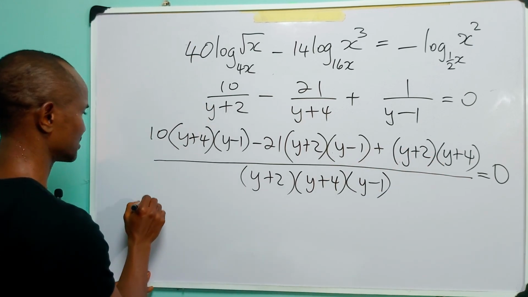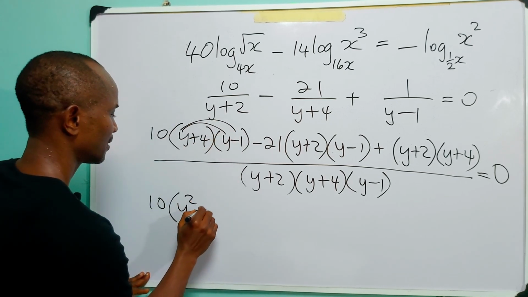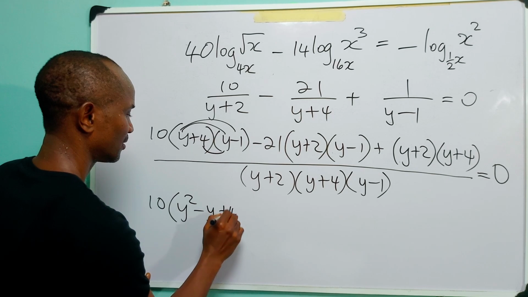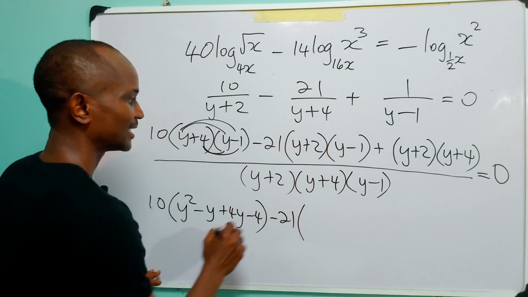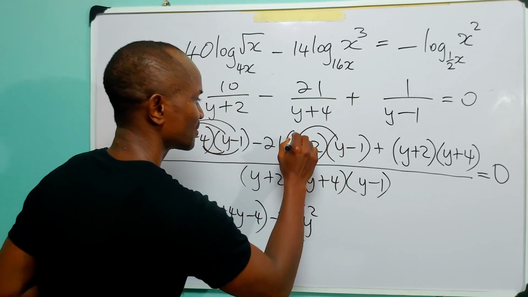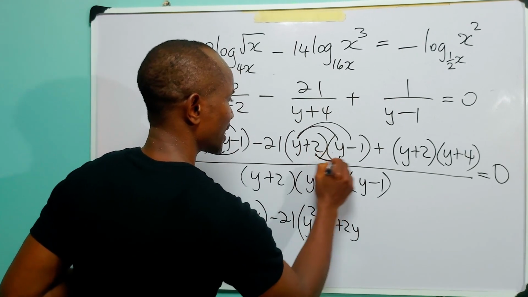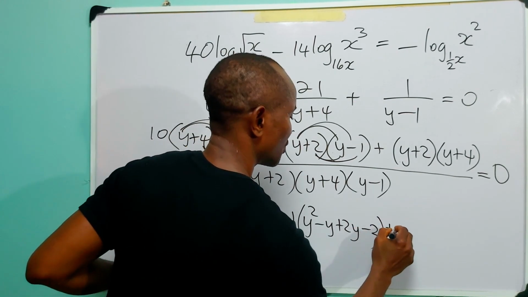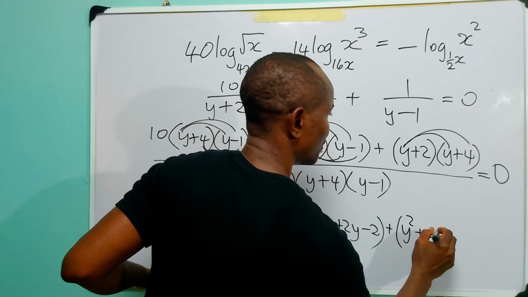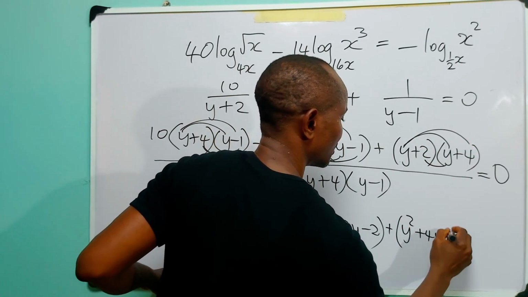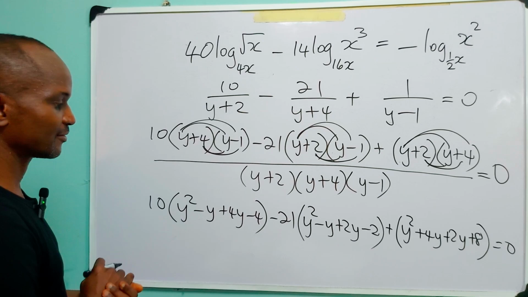Expanding the numerator, what we have is 10 into y squared minus y plus 4y minus 4, minus 21 into y squared minus y plus 2y minus 2, plus y squared plus 4y plus 2y plus 8, and everything is equal to 0.